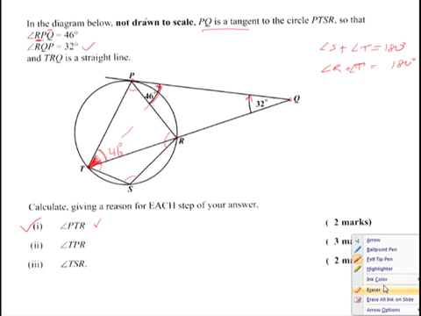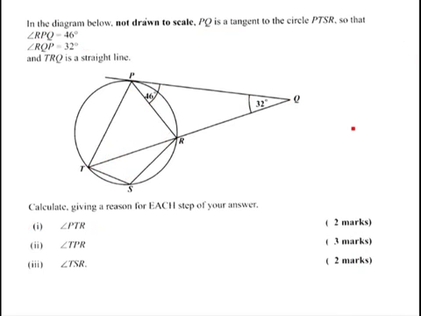Okay, so let's tie this up a little bit. The angle between the tangent and a chord, 46, is equal to the angle in the alternate segment. This chord PR creates this segment here, the minor segment, and this is the major segment.